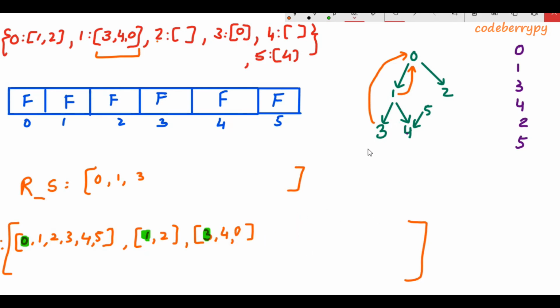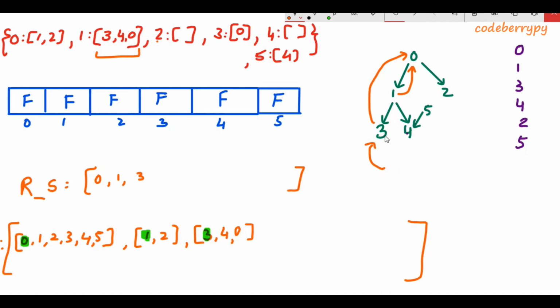And also notice that we are done with 3 because we have observed every possible connection originating from 3, and we cannot go anywhere else from 3, which means that there won't be any connections coming back to 3.